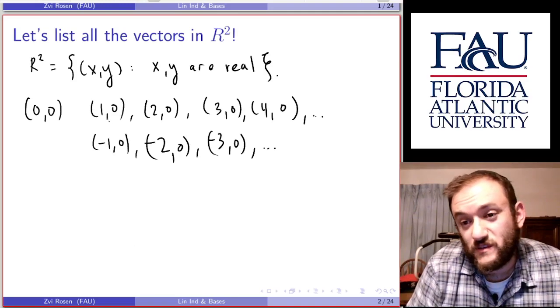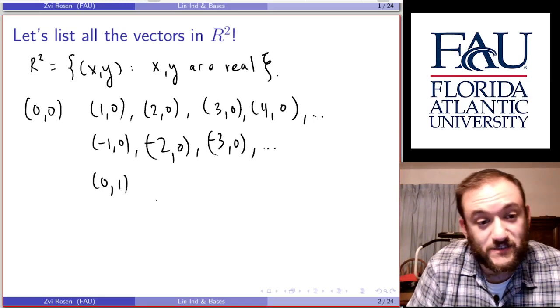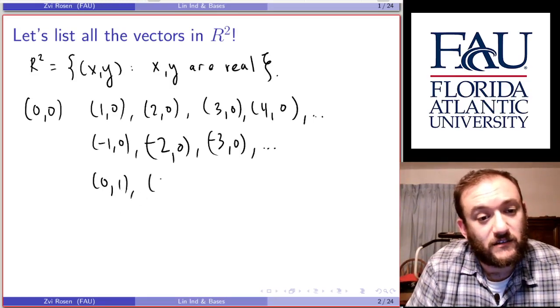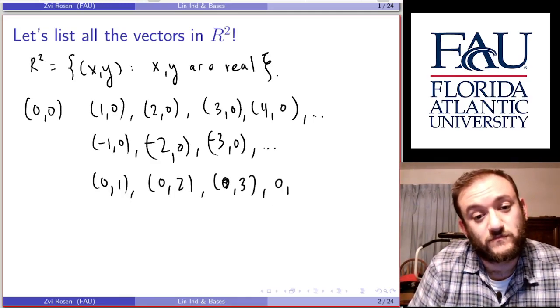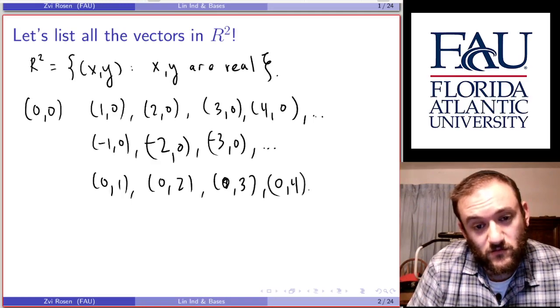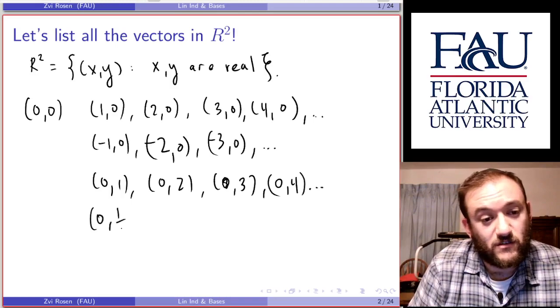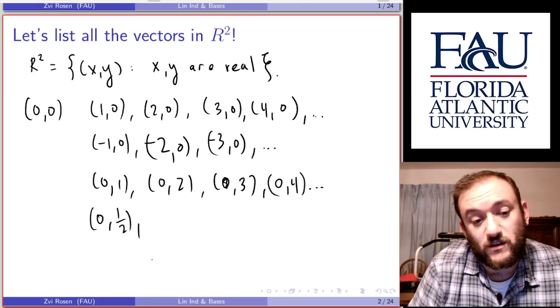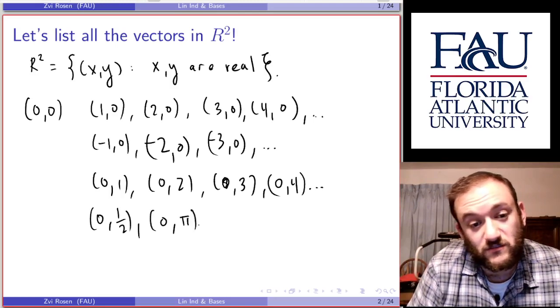So this was just using the first coordinate, but I could also get some numbers in the second coordinate. So I could take 0, 1. I could scale that by 2 or 3 and 4, etc. And I haven't even tried using rational numbers smaller than 1 or real numbers that are not rational.